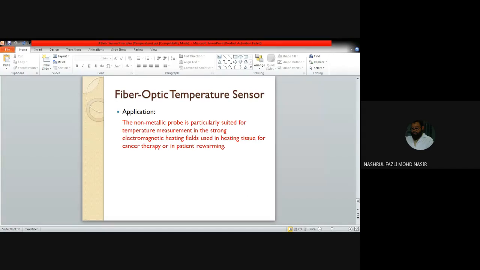We will end this a bit early today. I hope that you may find the questions there can assist you in appreciating the applications and the principles behind all these temperature sensors that have been introduced.